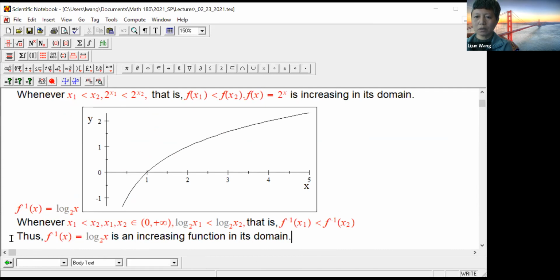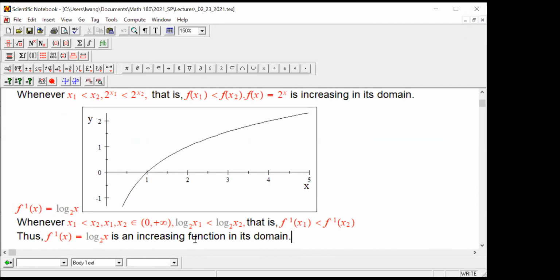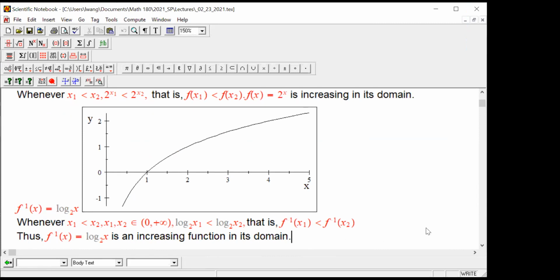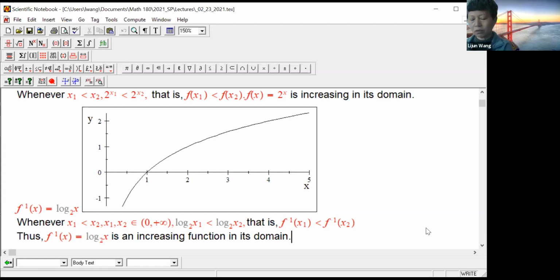Did you see it here? Log base 2x is an increasing function in its domain. So I guess for x squared, you said in the beginning f of x equals x squared is decreasing, and then you went to whenever, but for log, you just said whenever, and then you put it at the end. I don't know what you're talking about.